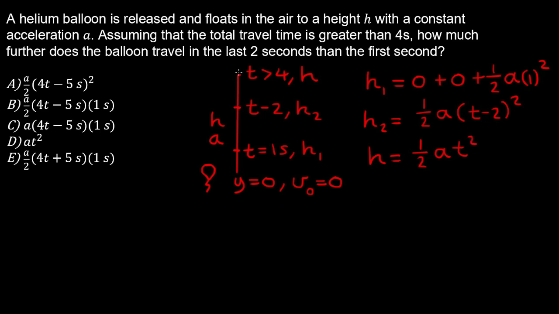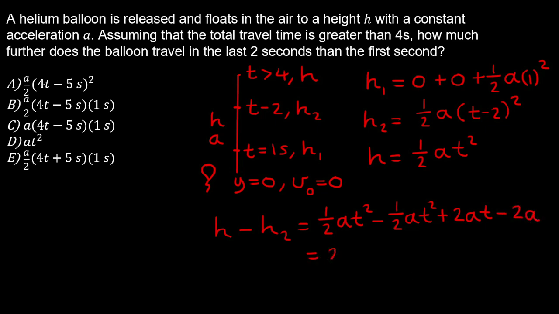Then in the last 2 seconds, the distance travelled is h minus h2. So we have 1/2 at squared minus 1/2 at squared minus 4at on 2, which is plus 2at, and minus 4a on 2, which is 2a.